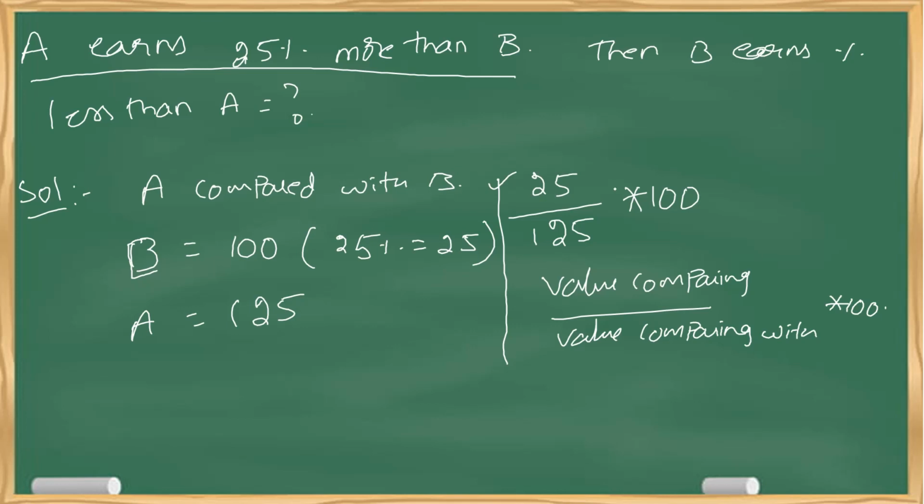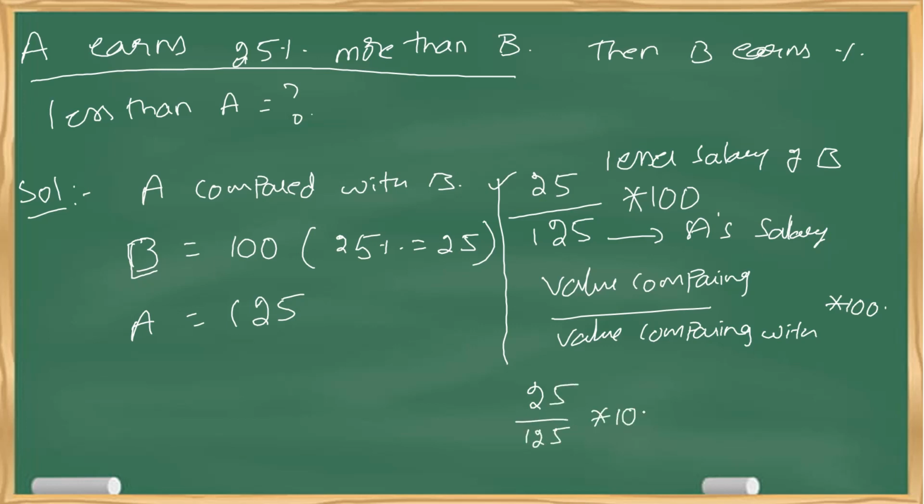Now 25 is the lesser salary of B compared to A, and this is A's salary. So these two are the numerator and denominator values, and anything you want to convert into percentage, multiply by 100. Now solve this again. 25 by 125 into 100. So 25 how many times? 5 times. 5 times 5 how many times?